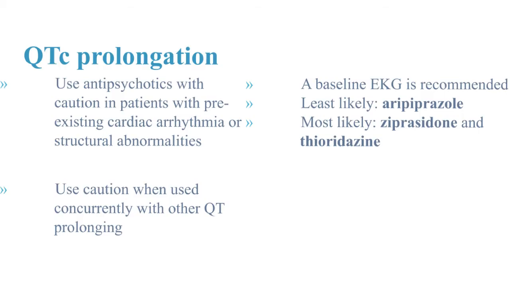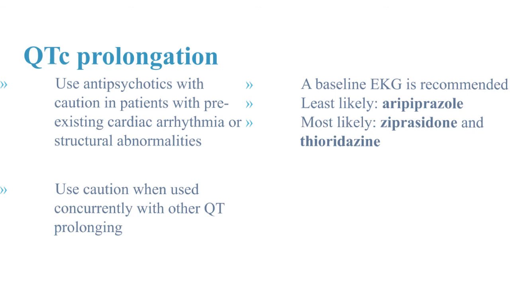Yet another adverse effect of antipsychotics is prolongation of the QT interval on EKG. We use antipsychotics with caution, especially in patients with existing cardiac arrhythmias. We know a lot of medications cause QT prolongation as well, and so managing drug-drug interactions is key with antipsychotics.